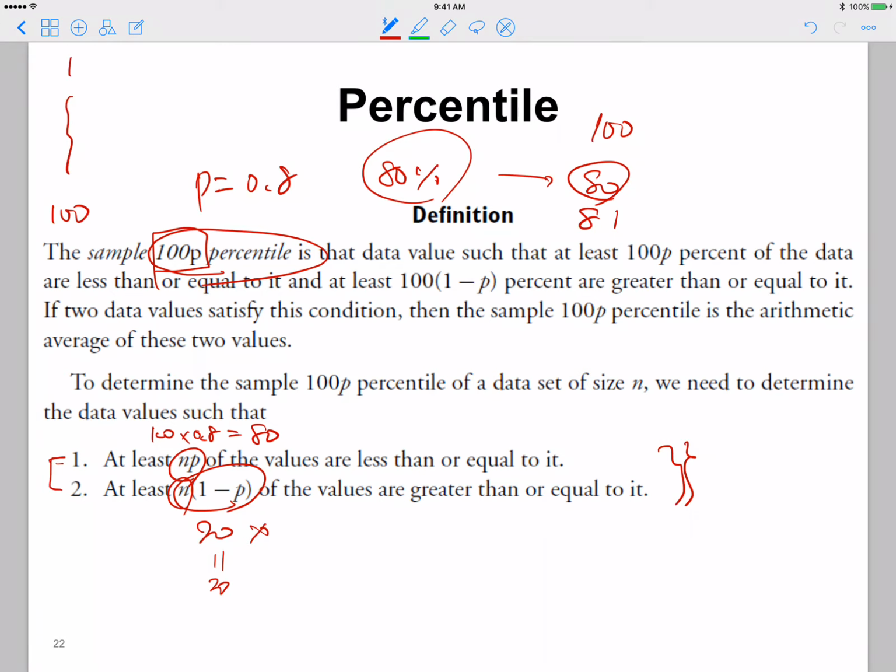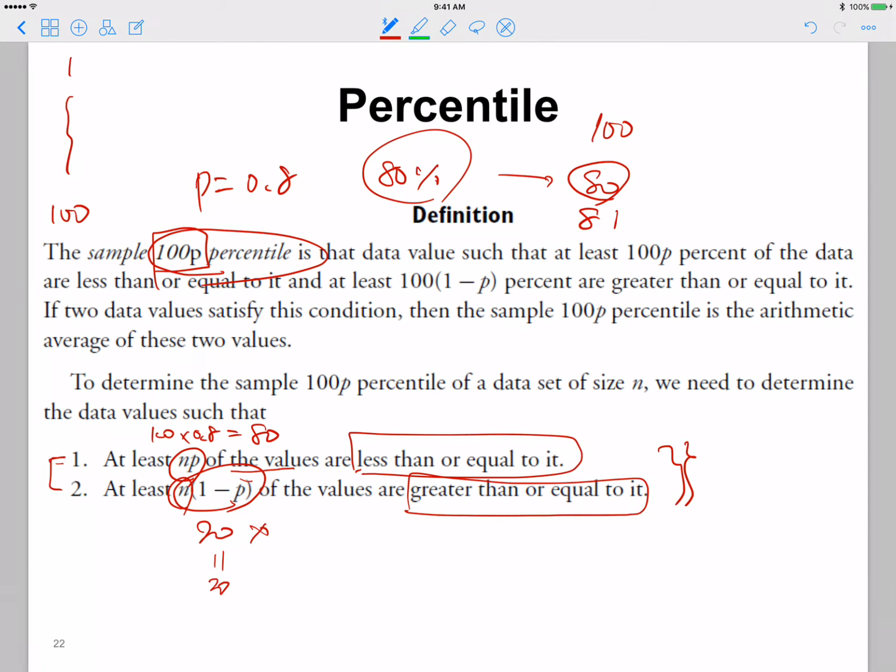Okay, so in this case, if we picked the number 80, how many data items satisfy these conditions? 1 through 80, right? So we have 80. And what about the numbers that are greater than or equal to it?